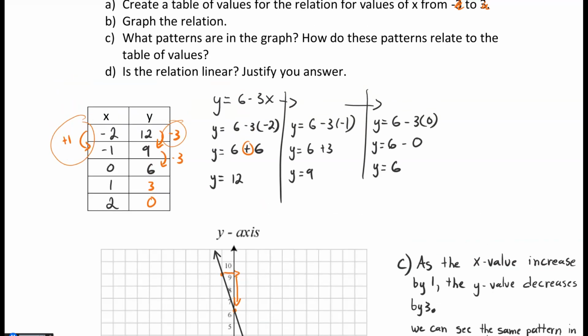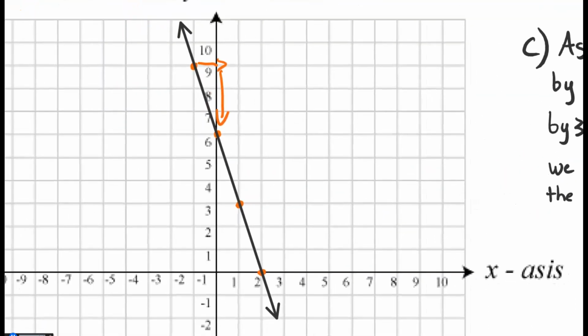Our next thing is, is the relation linear? So justify your answer. Now remember, our relationship is linear if it creates this straight line and it follows a continuous pattern. So is this going to be true? Do we create a straight line here?